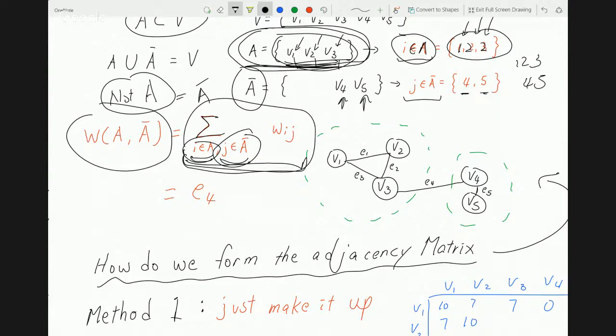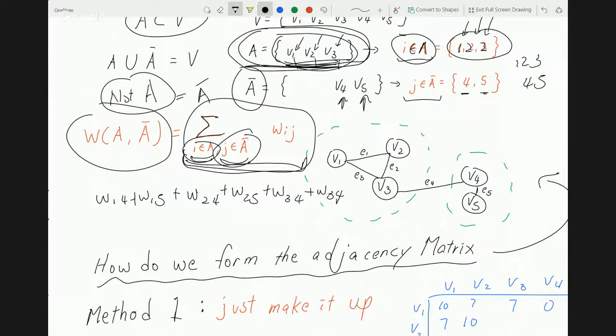The combinations of that, I'll write this out: W14, W15, W24, W25, W34, W35. We want to sum all of them together.